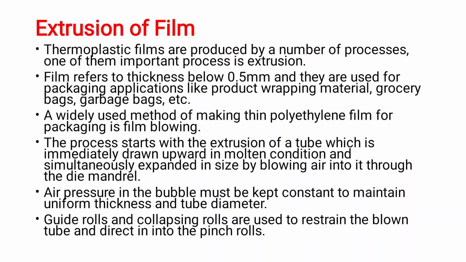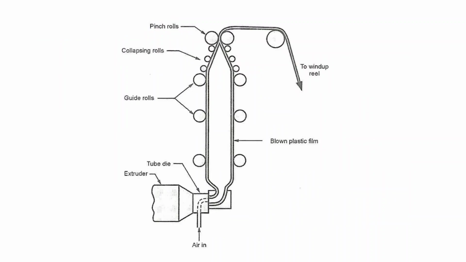The air pressure in the bubble must be kept constant to maintain uniform thickness and tube diameter. The guide rollers and collapsing rollers are used to sustain the blown tube and direct it into the pinch rolls. As shown in the figure, the thin film is formed.